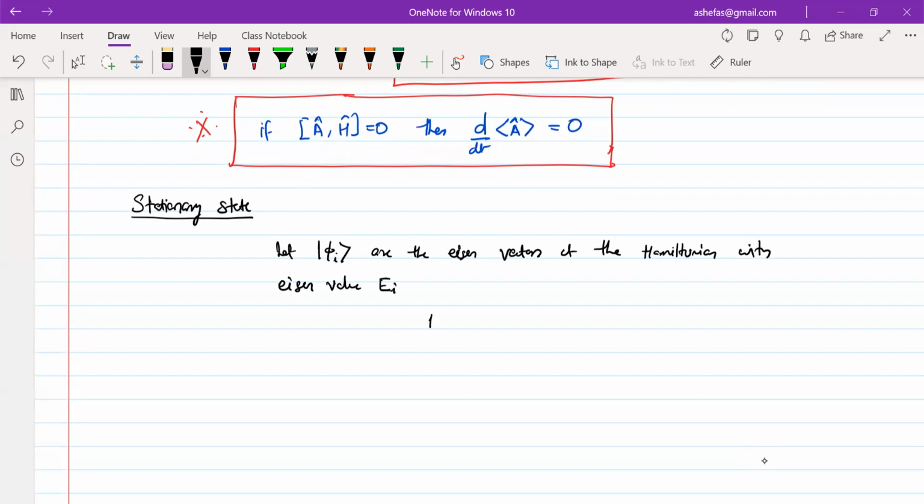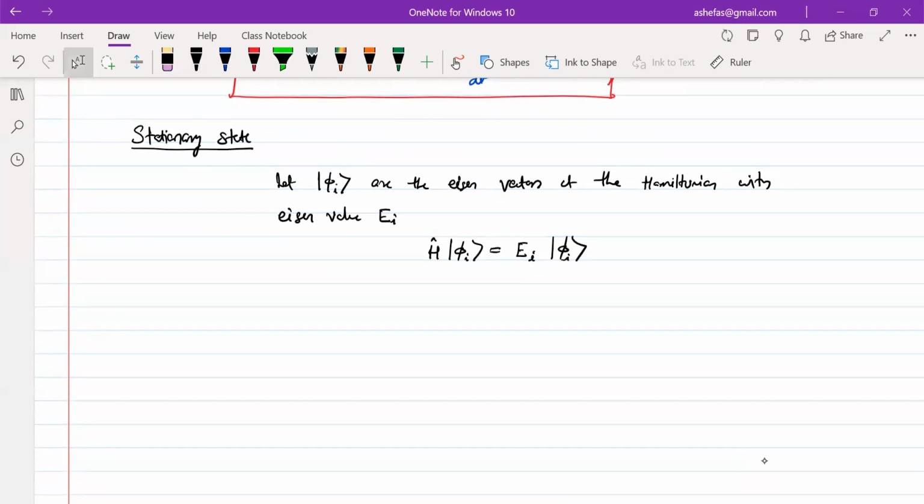That is, the Hamiltonian acting on ket φ_i can be written as E_i times ket φ_i. I'm not giving any time dependence to this ket φ_i.